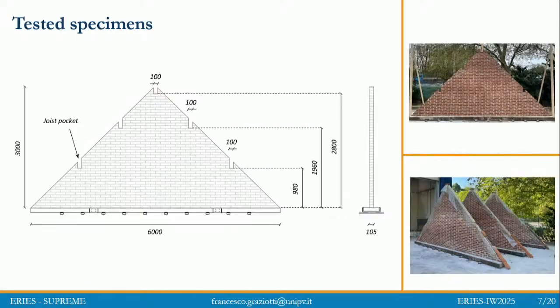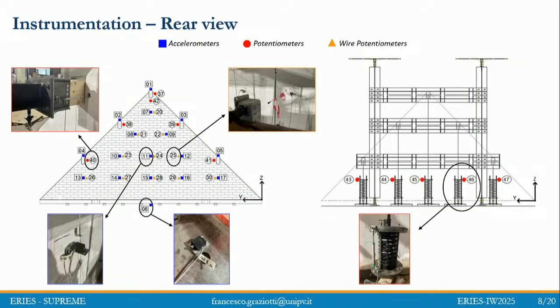The idea was to test these gables without anchors. Being the first test around, we wanted to test the most vulnerable possible configuration, and we decided to rely only on friction between the timber and the masonry. This is a very vulnerable situation, but it is absolutely present in the building stock.